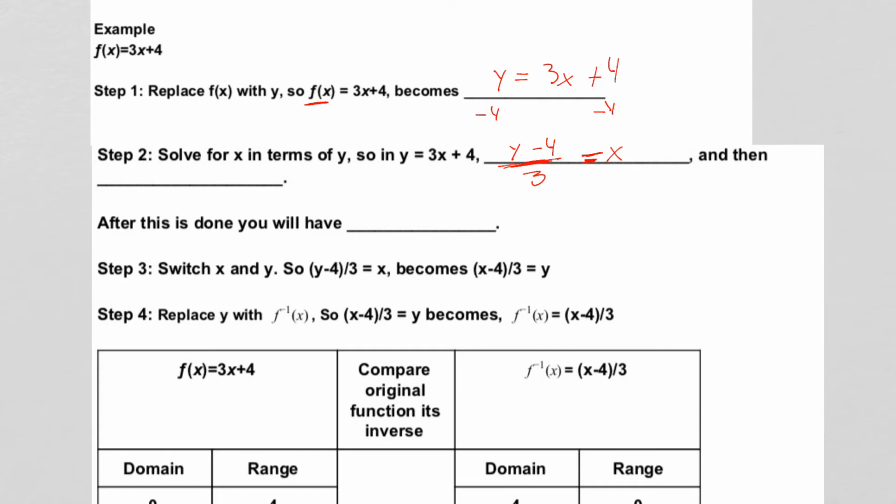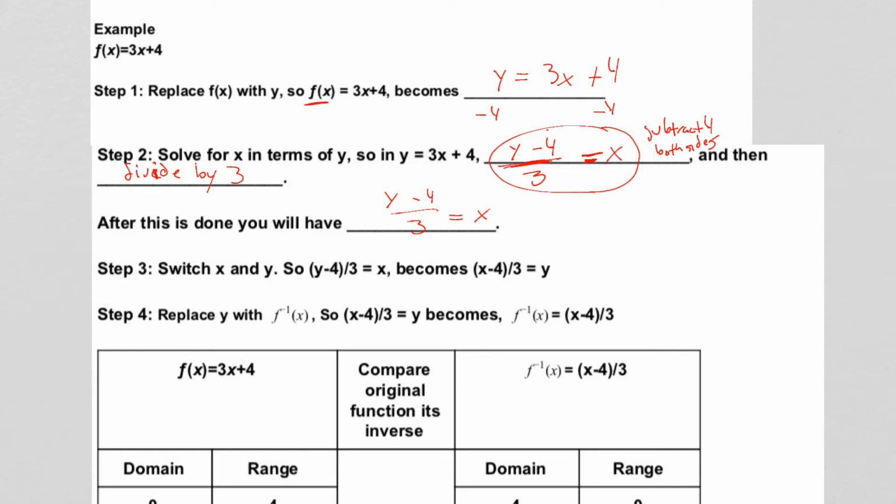Oh, I should have written this out. Basically subtract 4 from both sides, and then divide by 3, and you get this. So after all of this, you will have y minus 4 divided by 3 is equal to x.